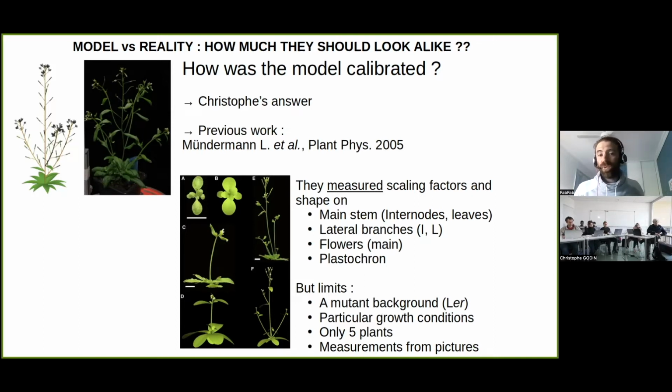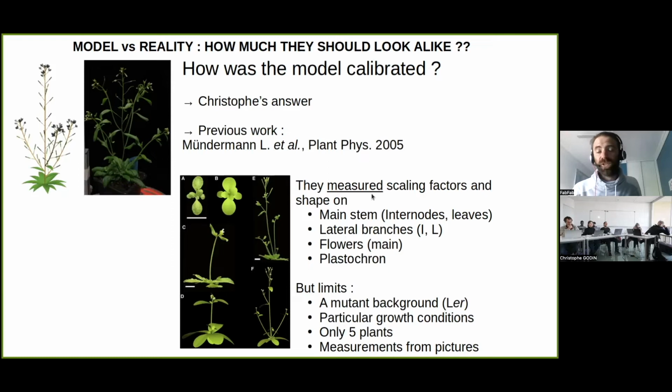and so I think it would be good that we have a proper model that is really looking like the reference accession, the reference genotype that most of the labs around the world are using. Also, they were cultivating their plants in very particular growth conditions, again, that are not the standard growth conditions used by most of the labs.